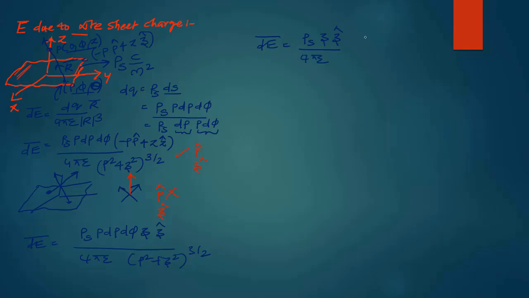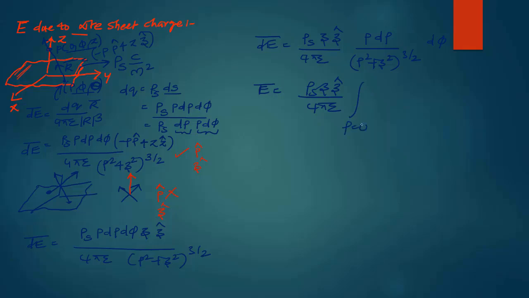Next, whatever the variables are, I am writing here: rho d phi, and here rho square plus z square whole power 3 by 2. This is what we have. Next, d phi is also there, so for this we have to do the integration. So E bar is equal to rho s z cap by 4 pi epsilon integral.